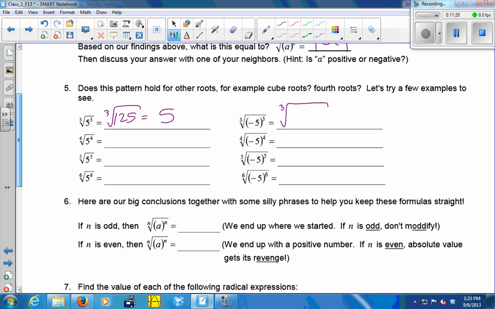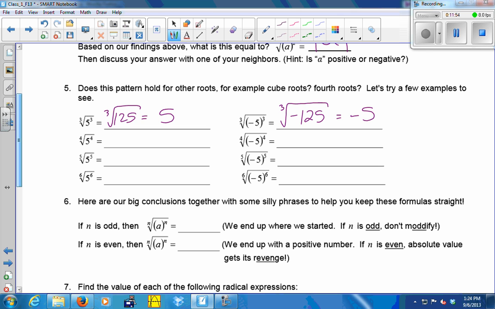What's -5 cubed? -125, because that means -5 times -5 times -5, 3 negatives, so the answer is going to be negative. And then what number do you cube to make -125? -5, right? So I don't have the absolute value thing when the index is odd.